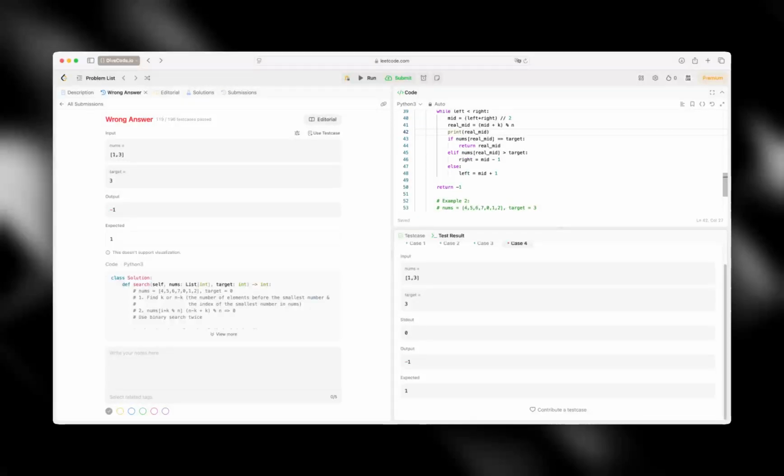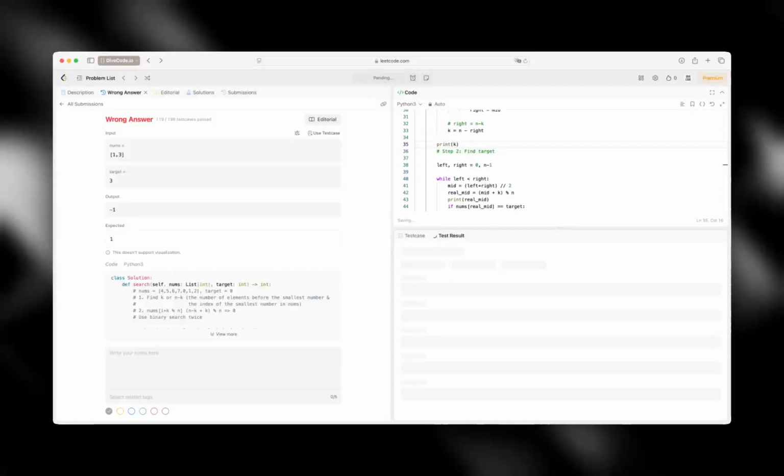So I printed out real mid. And I want to print out also K, just to see that I'm literally getting 0 normally. Yeah, K is equal to 0. There's no problem with this.